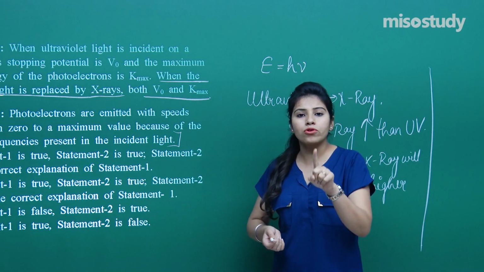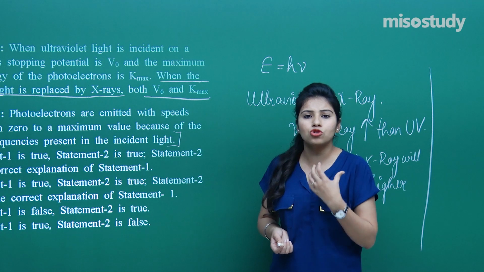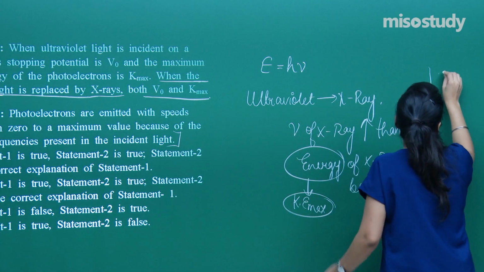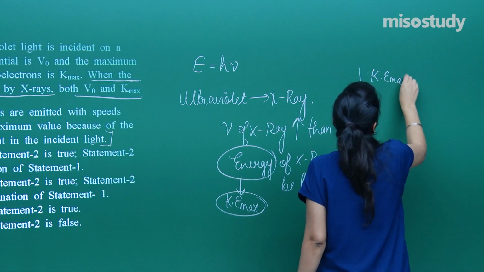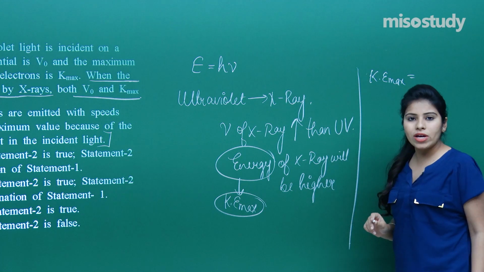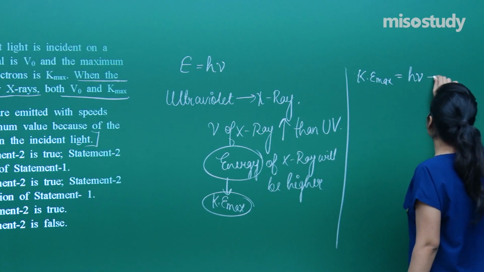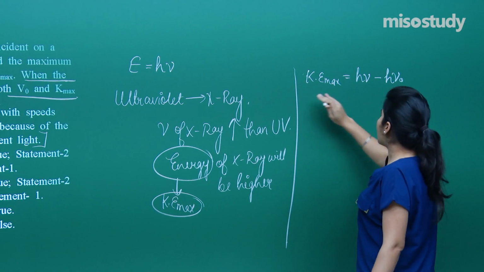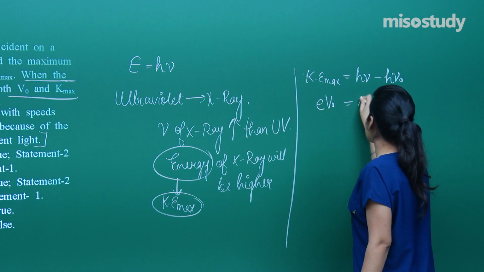That means no photocurrent will flow and no photoelectric emission will take place at the stopping potential. So this is the maximum kinetic energy. This is again the photoelectric equation given by Einstein: Ke max equals h nu minus h nu naught, where h nu naught is the work function. And we can write this kinetic energy as e into V naught.